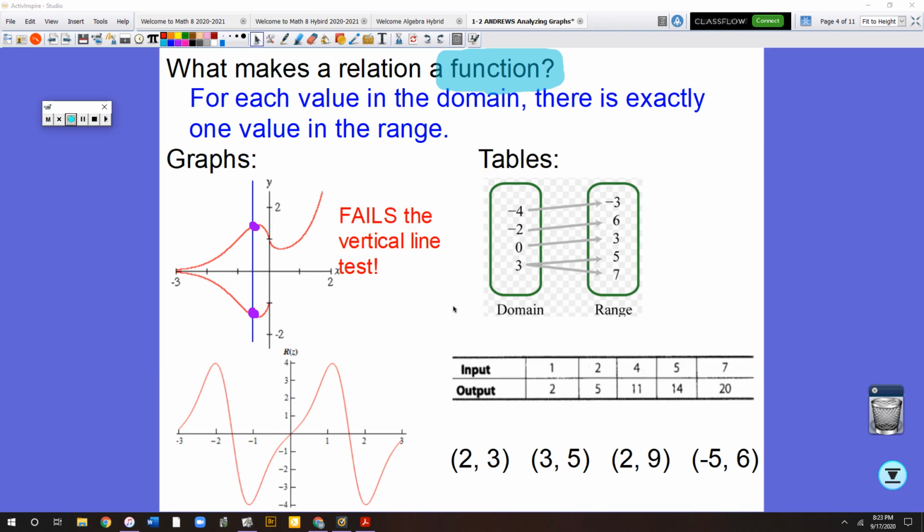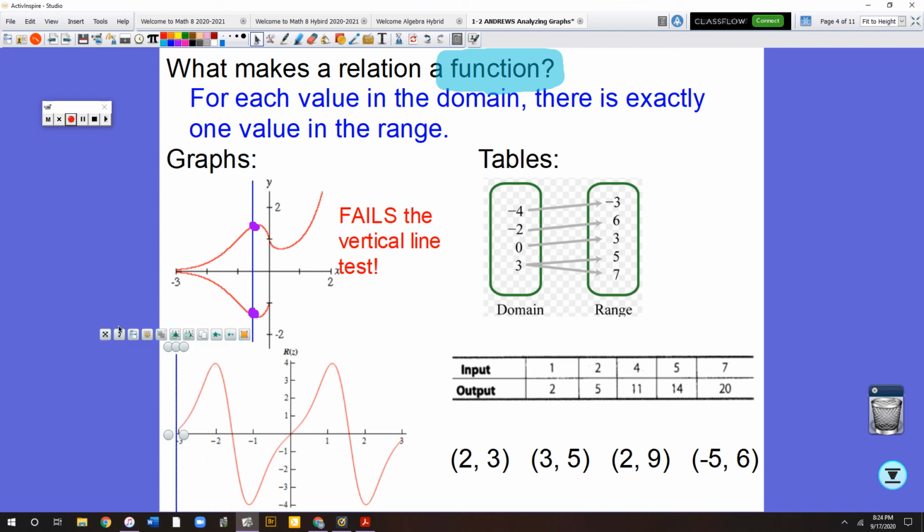The graph underneath it, if I take a vertical line and run it across my screen, across this graph, it only ever touches one part of the red line at a time. It never touches two like it does in the graph above. So that's the vertical line test.